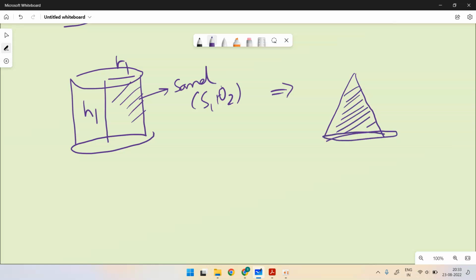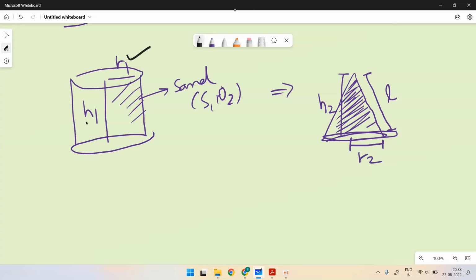You must have seen this on beaches where children play and create this. This has a height you don't know, let's take H2. Slant height, let's say it's L, and R2 is given, radius is given. So R1 is given, H1 is given, H2 is not given, L not given, R2 is given.